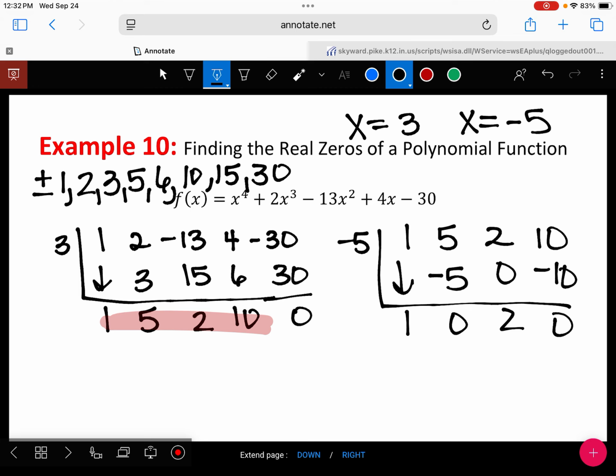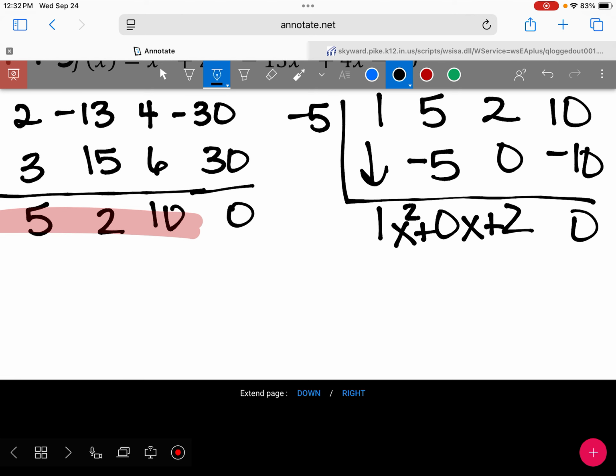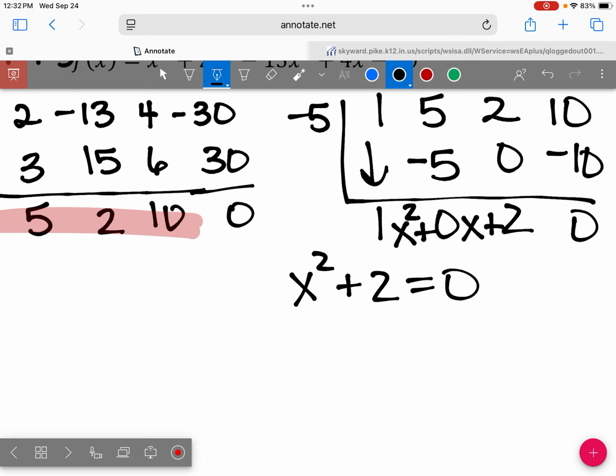So this is your A, B, and C. So what I really have here is x squared plus 2 equals 0. Subtract the 2. Take the square root.